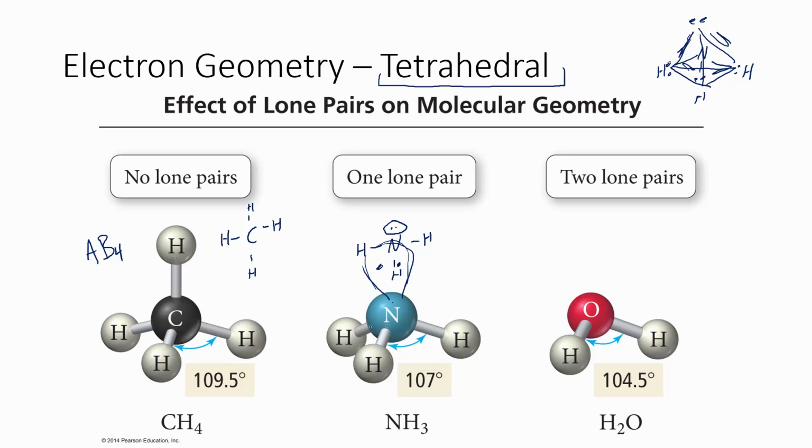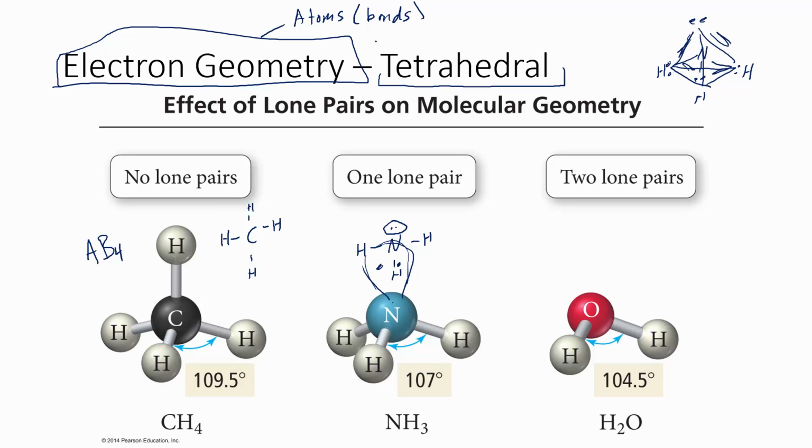So when we make the original electron geometry, we include all of the lone pairs and the atoms. So electron geometry: the atoms attached, so bonds, and lone pairs.